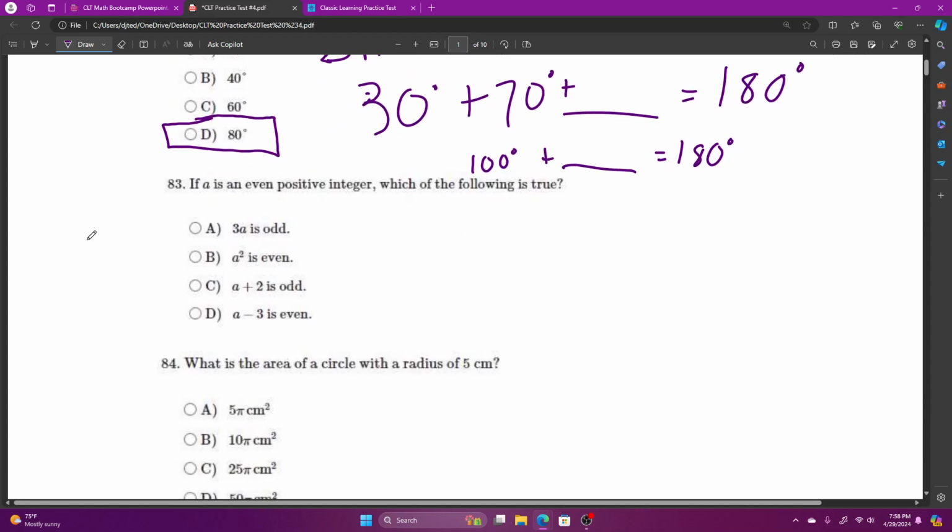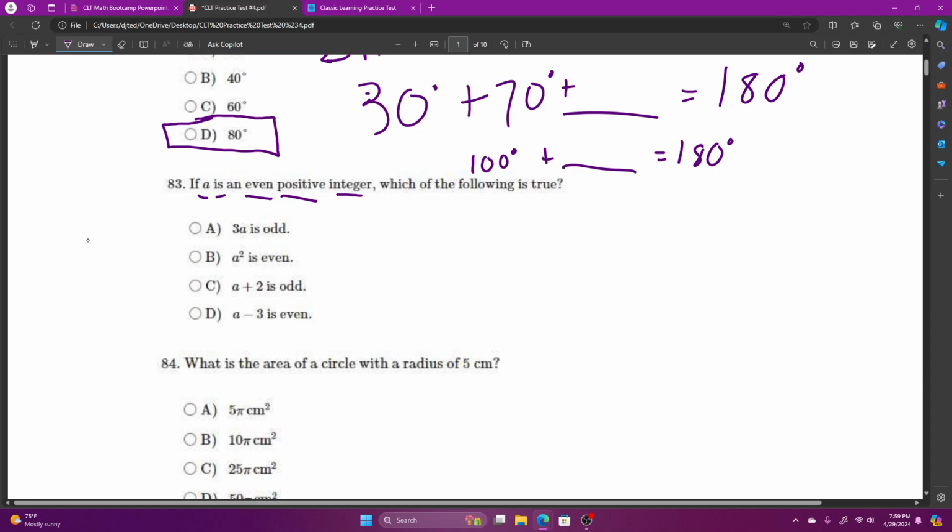If A is an even positive integer, which of the following is true? While I'm looking at these, this is one of the math logic questions, and every practice test has had a similar question like this, where we're looking for something to be even or odd, okay?